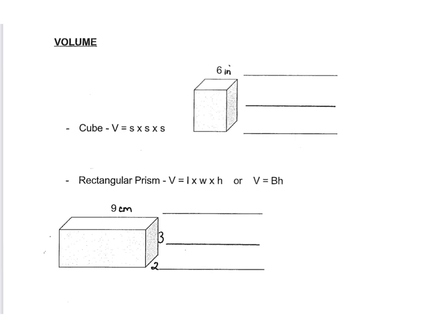The formula for the volume of the cube here is S times S times S. I'm going to write in a couple of other dimensions here to give us a good feel for what this might look like.